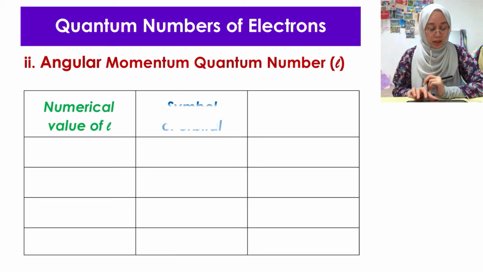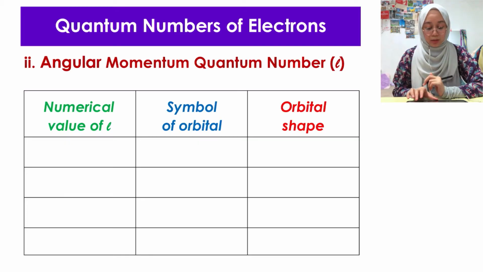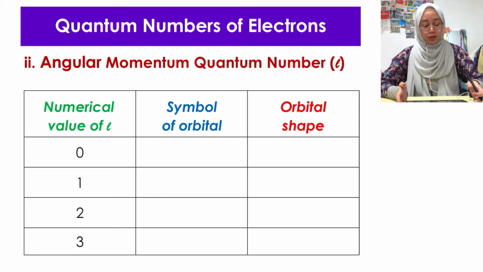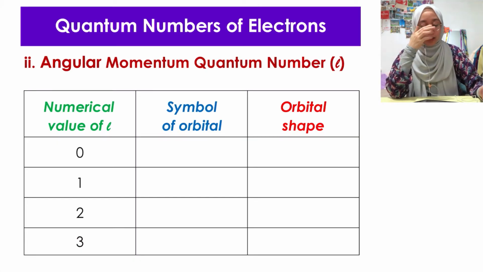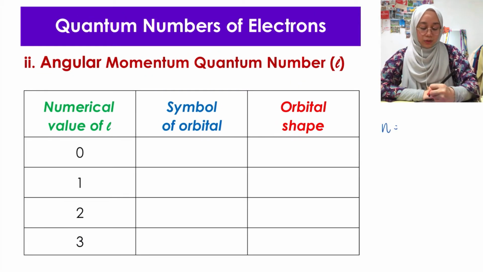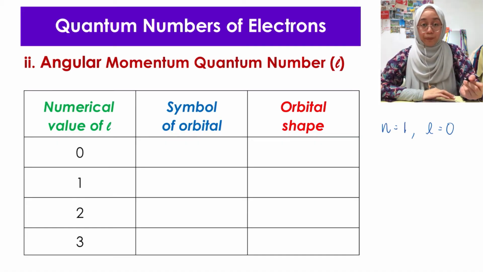Okay, so ini adalah numerical value of L. Kita ada juga symbol of orbital and also kita ada orbital shape. Sebab kita cakap tadi L determines the shape kan. So before kita pergi kepada yang value L equals to 0 ni, let's say n is equals to 1, therefore value L yang possible would be only 0.